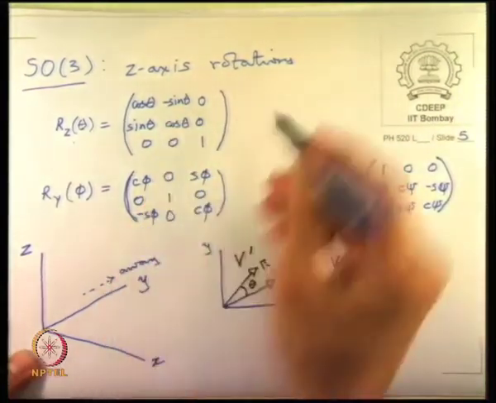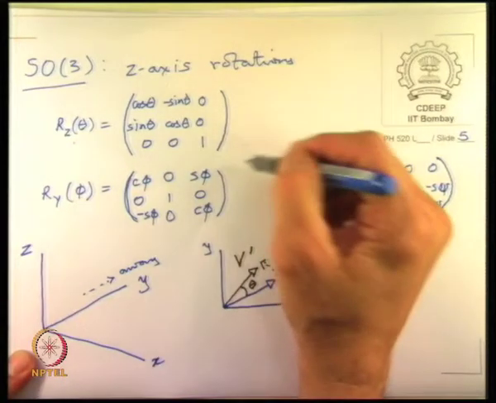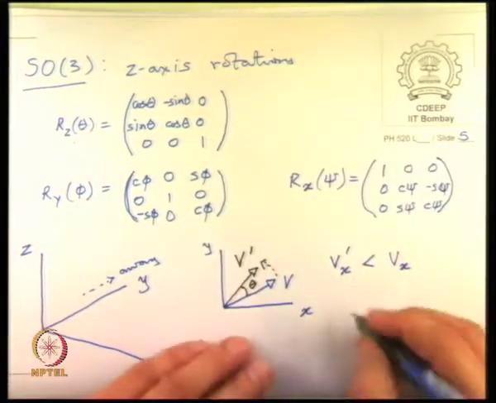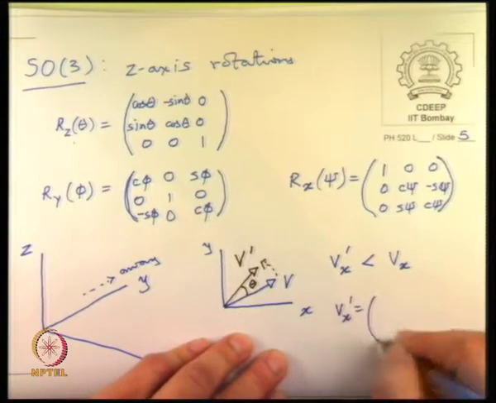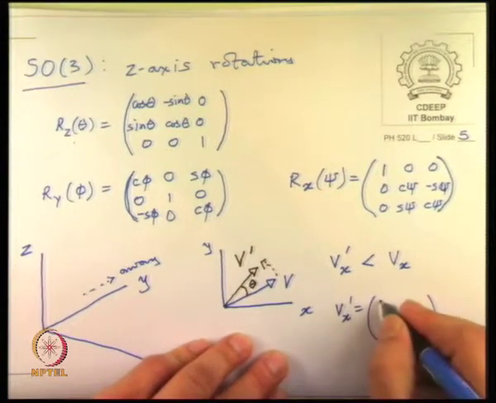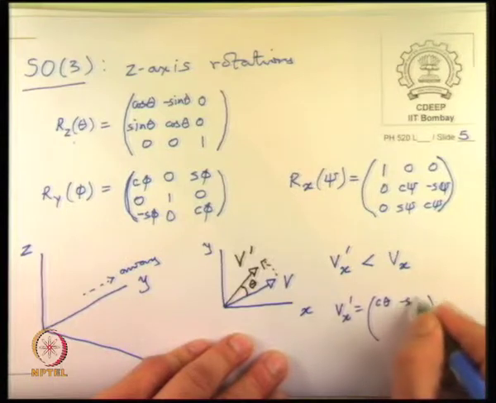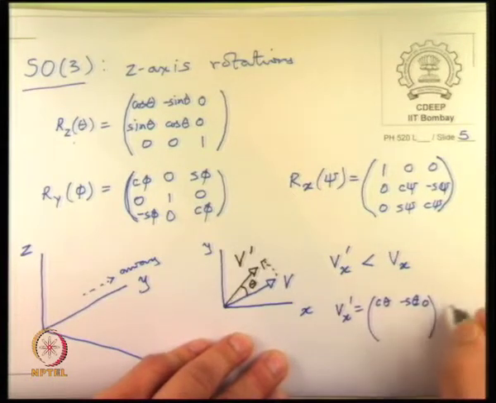Okay. So because I will have put here Vx, right? So Vx prime is going to be found from cos theta, minus sin theta, 0 acting on Vx, Vy, Vz.